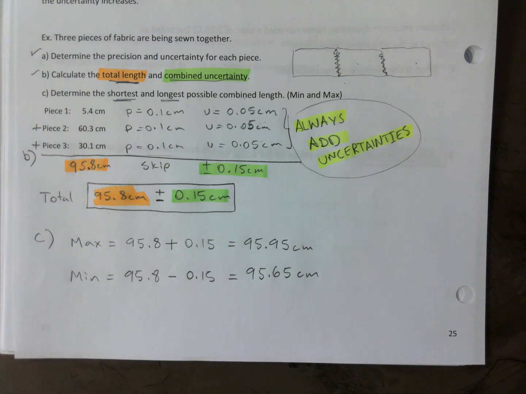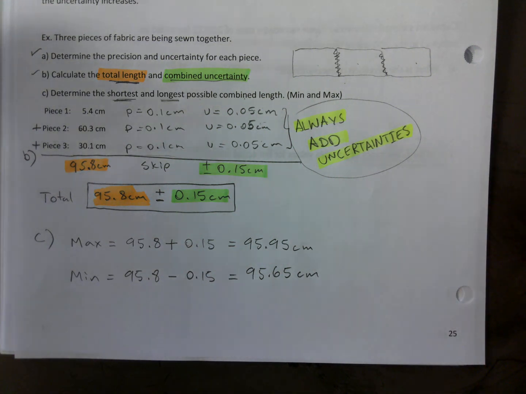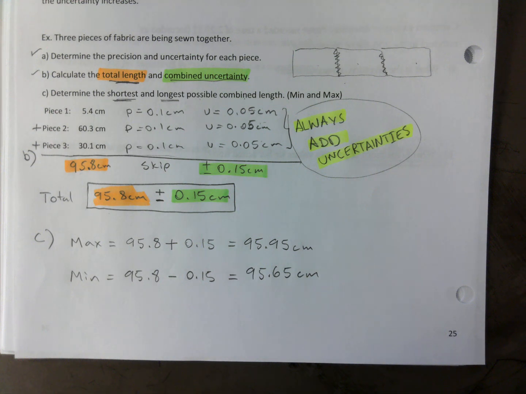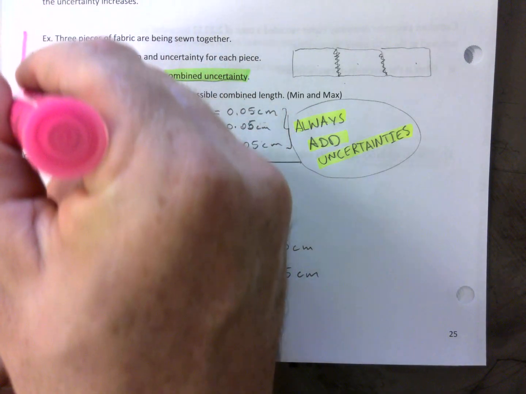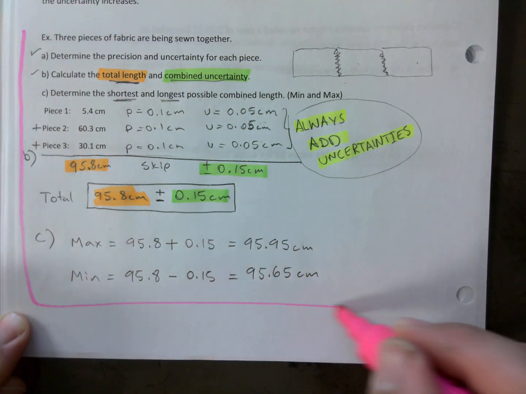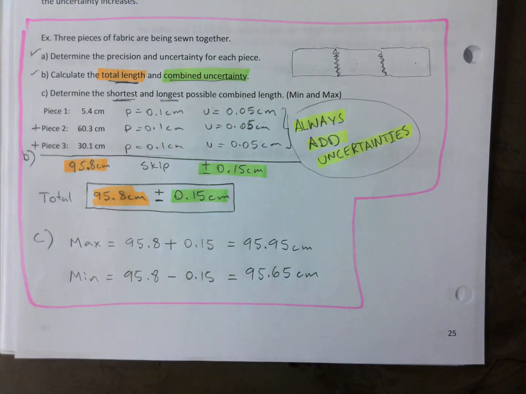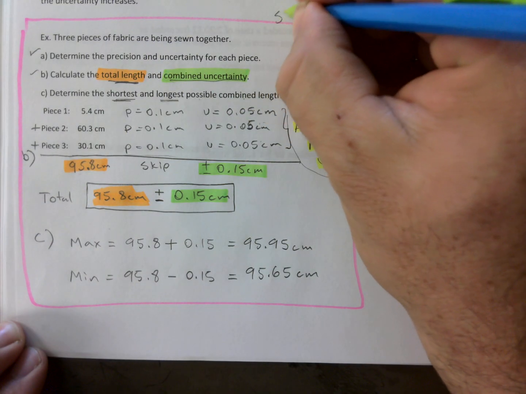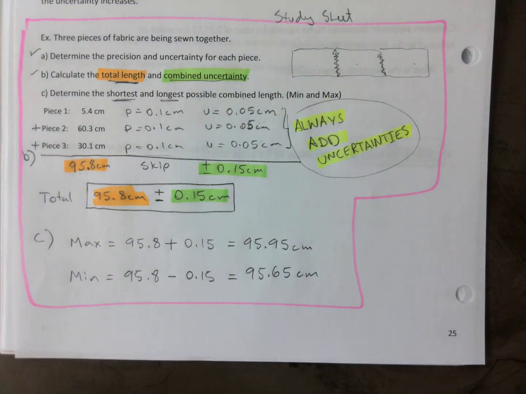So this piece right here, I would say you could have this on your study sheet, in a very short, compressed kind of way. But this should be on your study sheet. I'm not going to make your study sheet.